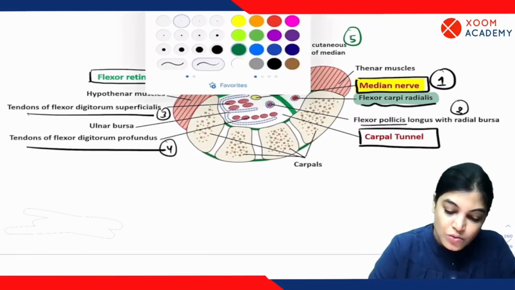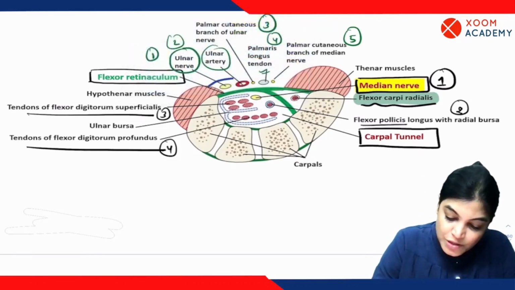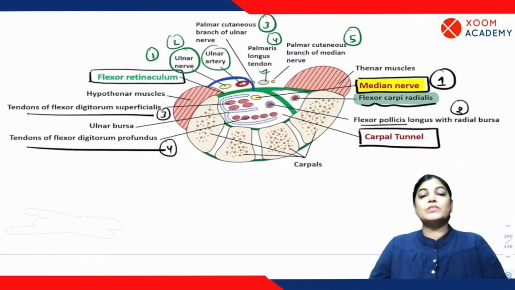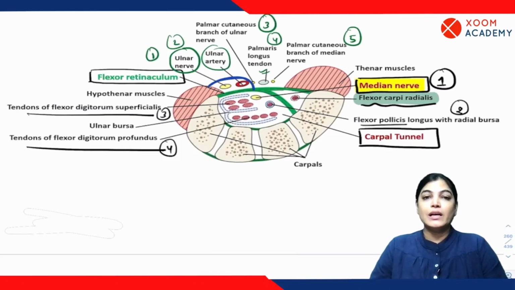There is a superficial slip from the flexor retinaculum which passes over the ulnar nerve and ulnar artery. This superficial slip of flexor retinaculum is called the volar carpal ligament. So the ulnar nerve and ulnar artery traverse above the flexor retinaculum and below the volar carpal ligament, and they reach the hand region. This space is called Guyon's canal.